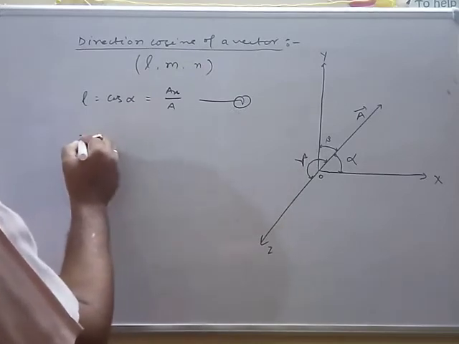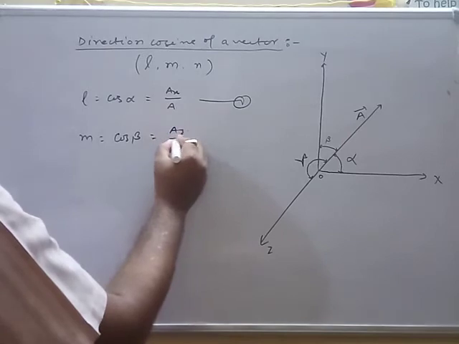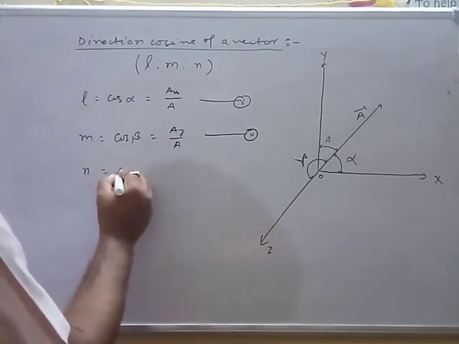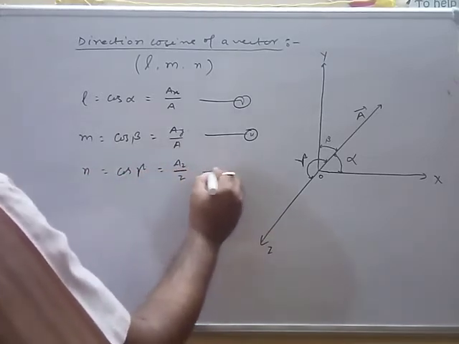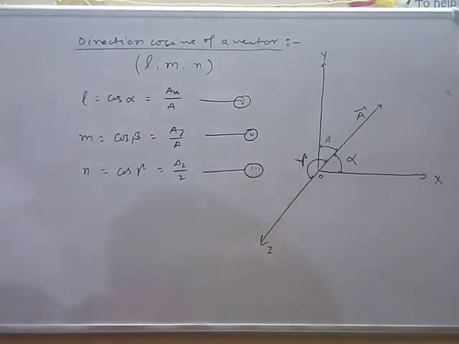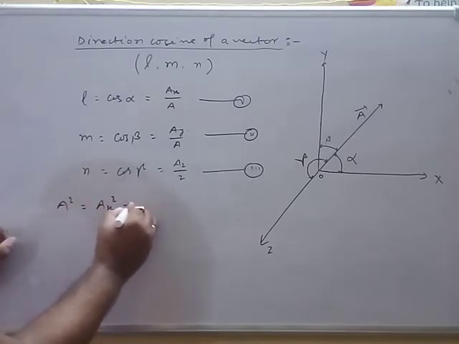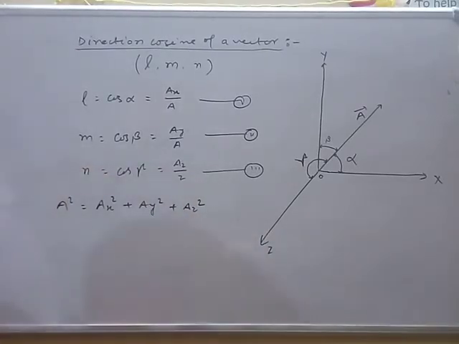Similarly, m equal to cos beta equal to ay by a. n equal to cos gamma equal to az by a. Now square of vector a, a square equal to ax square plus ay square plus az square.